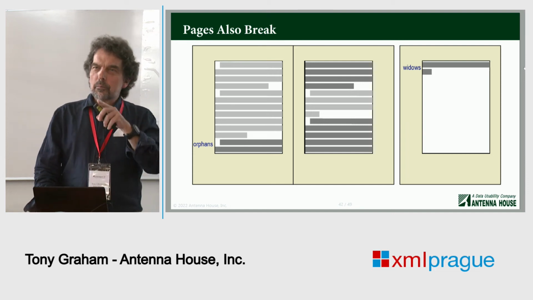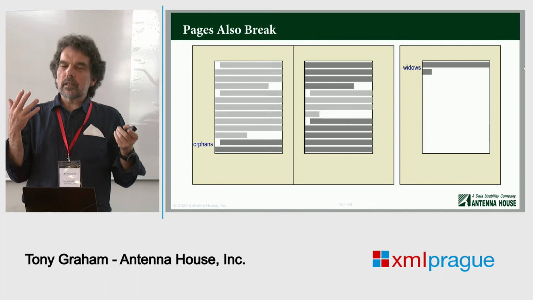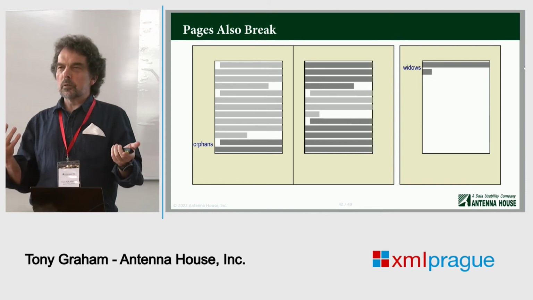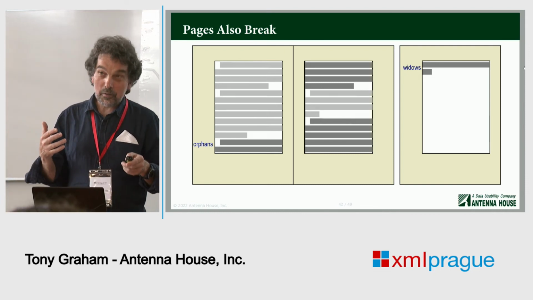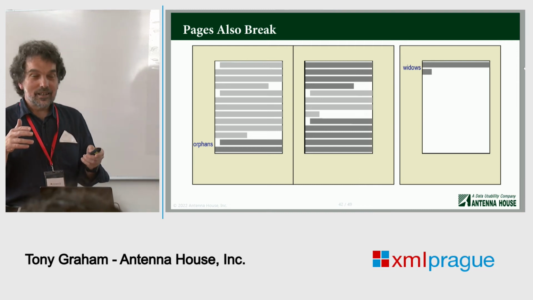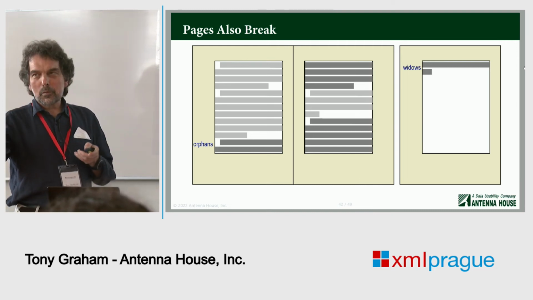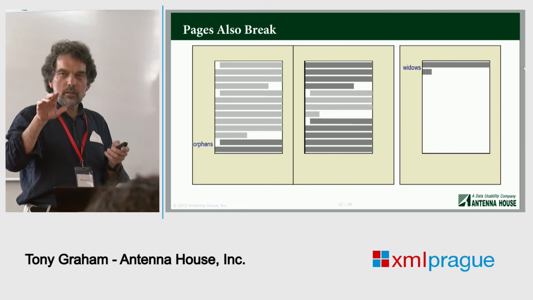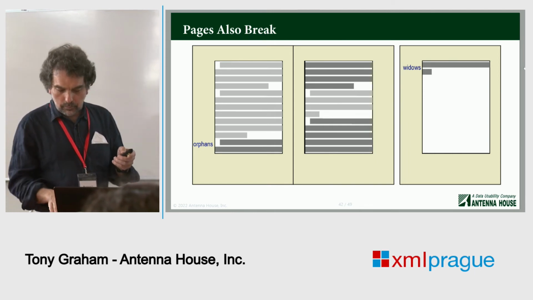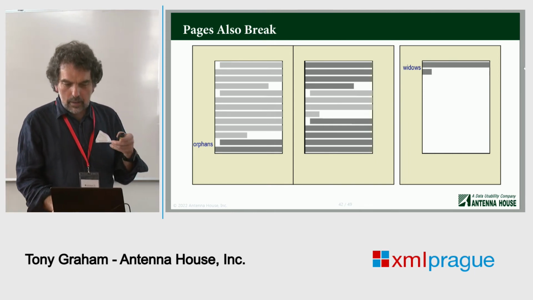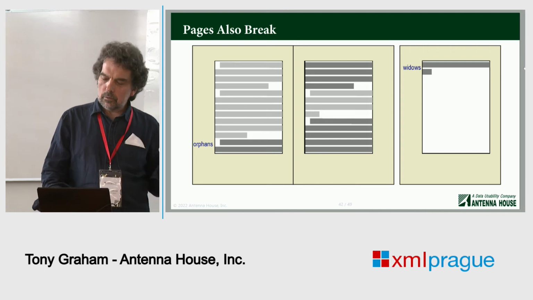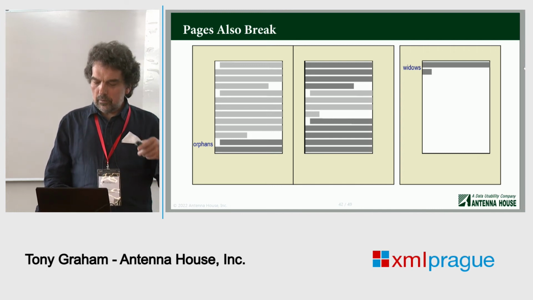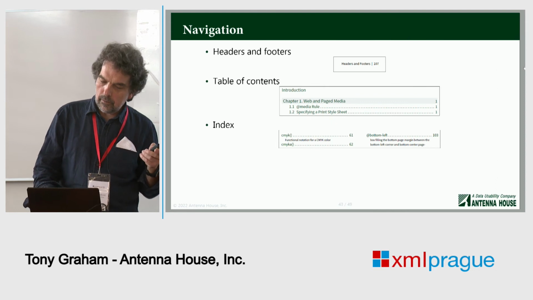What you'll find is that people have opposing definitions of which one's the widow and which one's the orphan, but that's true. And then people talk about paragraph widows and page widows. So these are the CSS and XSL-FO definitions of orphans and widows.